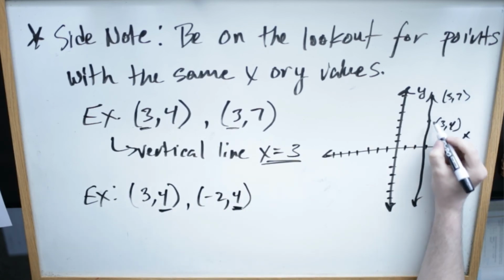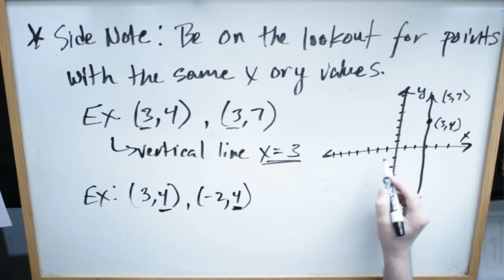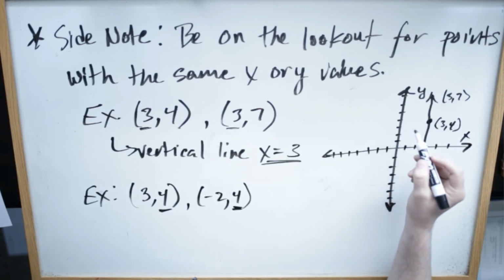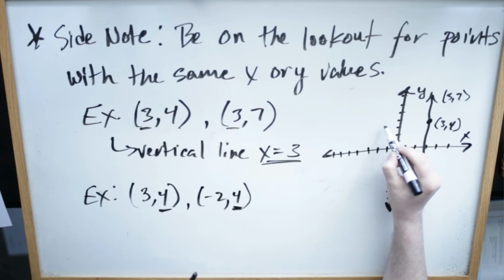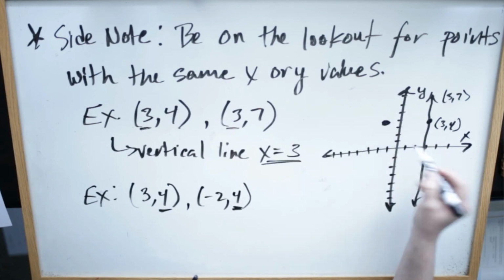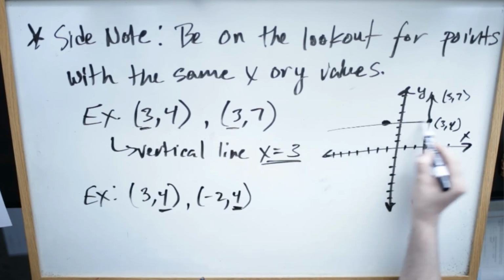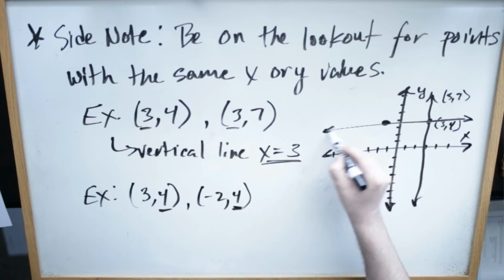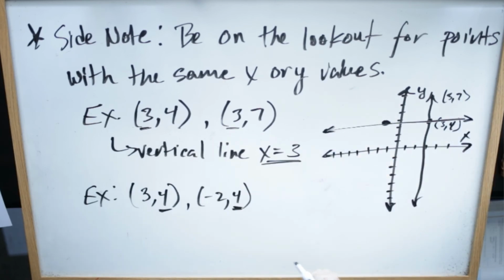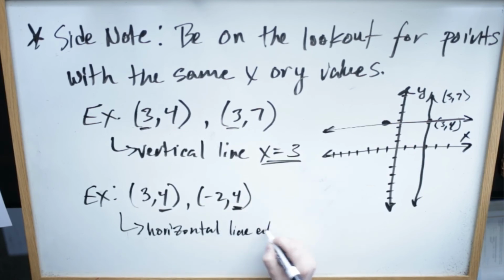So over 3, up 4, I've already got my point there. Minus 2, up 4 is going to be right here. If I draw a straight line connecting those 2 points, what happens? It's a horizontal line, at y is equal to 4.